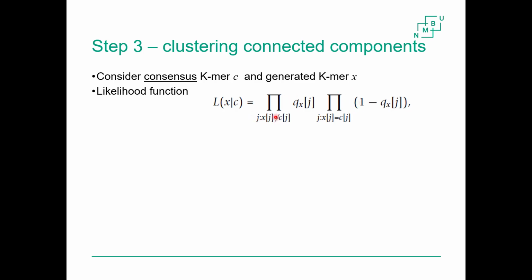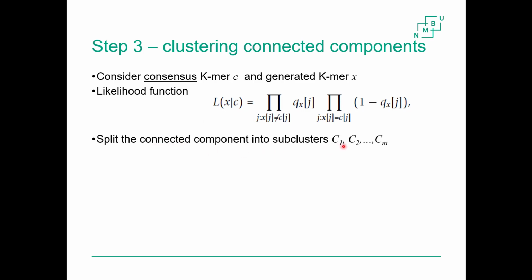But as soon as there's a difference between the k-mer and the consensus, then you multiply everything with this one, which is usually a quite small value. Even if the quality score is rotten, this probability is not super small, right? So this likelihood function will be bigger for those that look similar to the consensus sequence and smaller for those that are different.